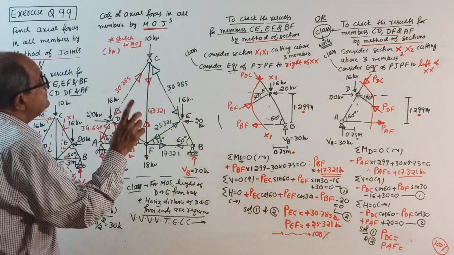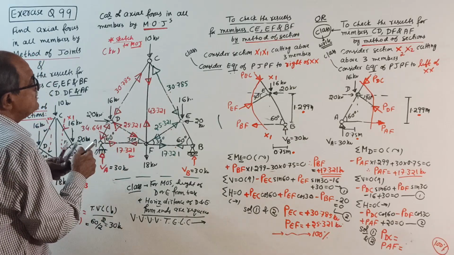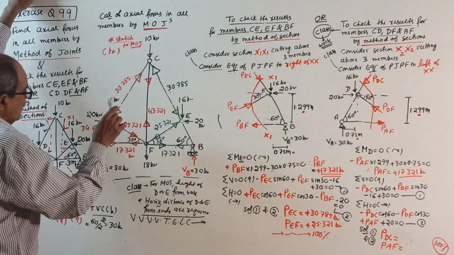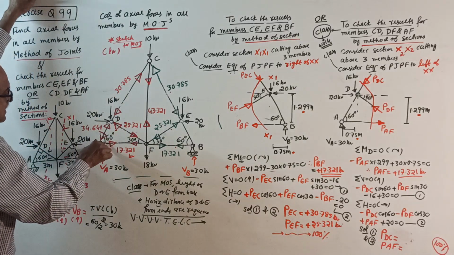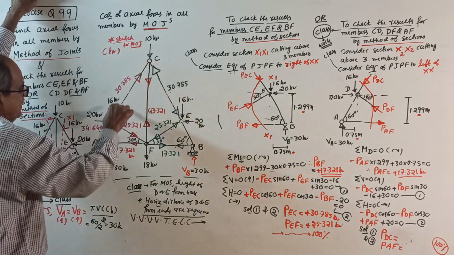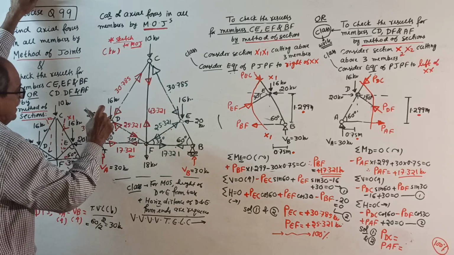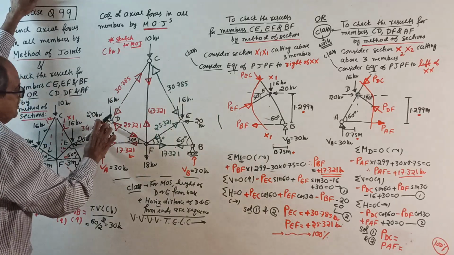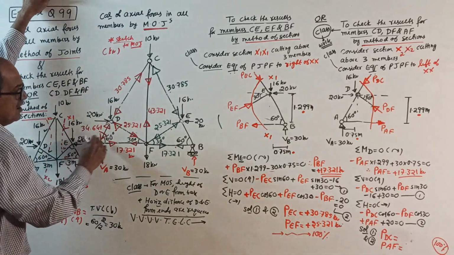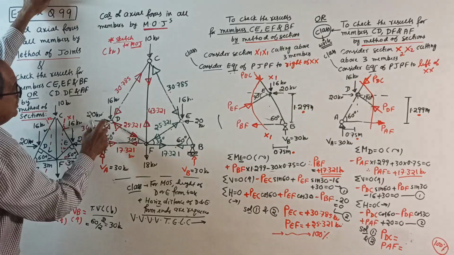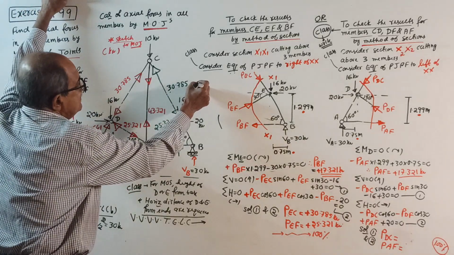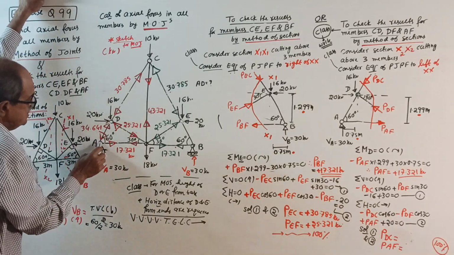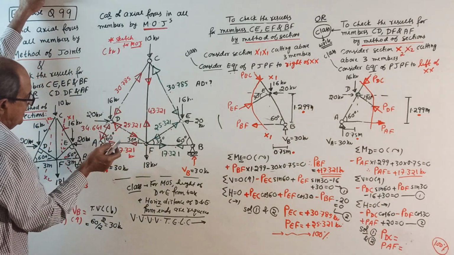One separate sketch is required. First, find the length of AD. Either solve left or right side, anything. Do the left side. How to find it? Use this right angle triangle.